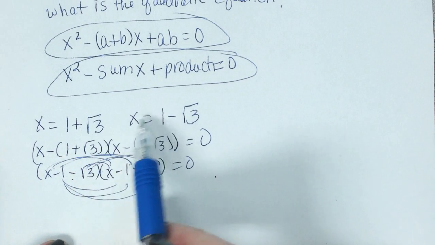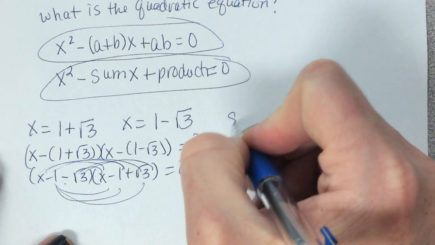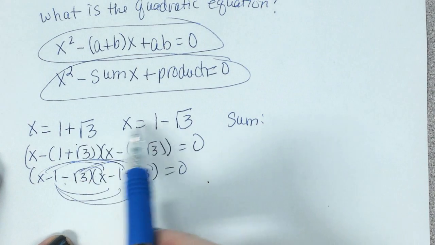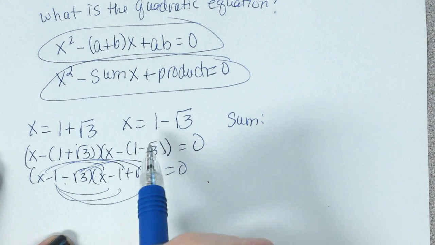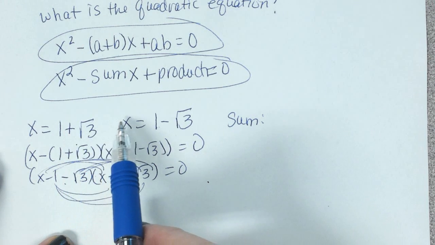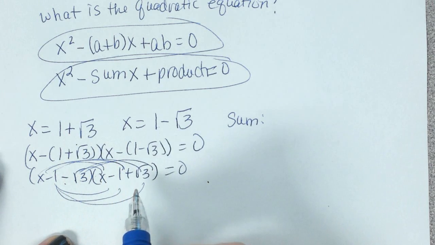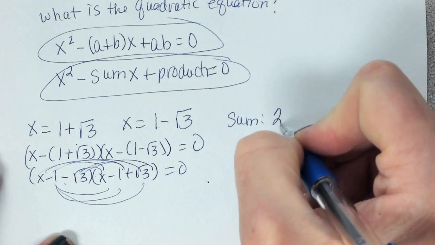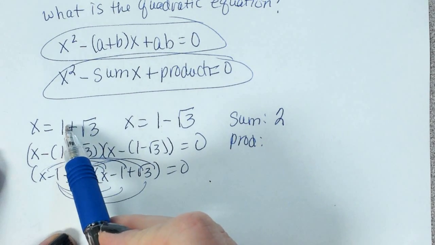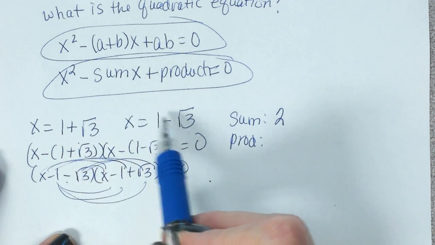But if I just look at these two and I say, what's the sum of them? What do you get if you add these two guys? One plus radical 3 plus 1 minus radical 3. What is it? 2. There's the sum. For the product, I do have to FOIL these because they're binomials.